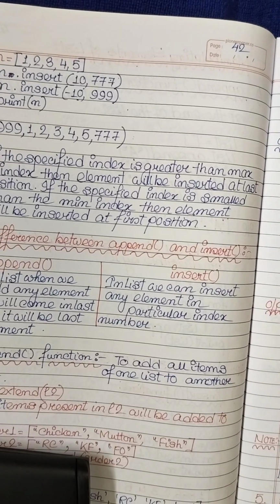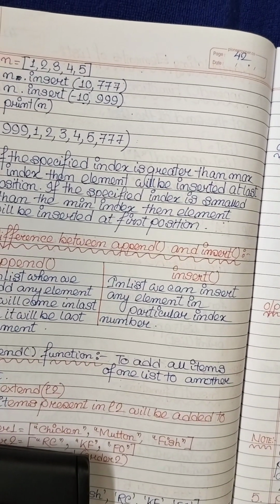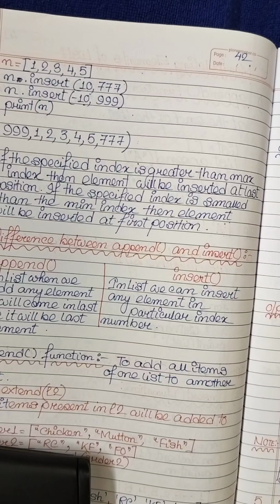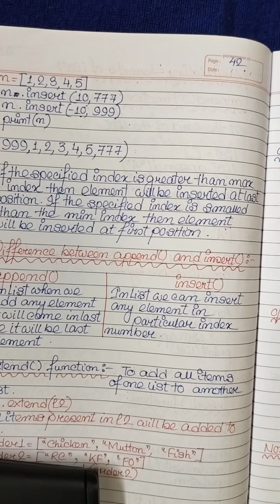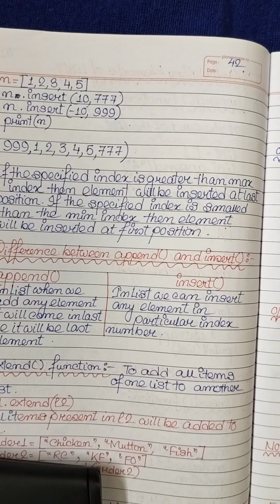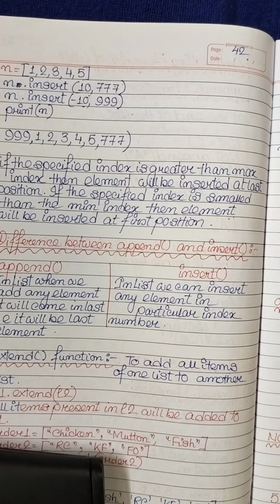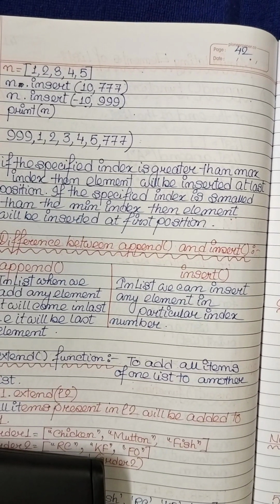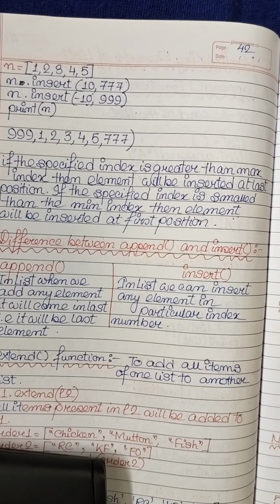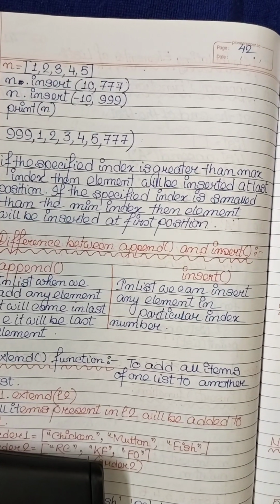Next our topic is the difference between append and insert. Append means in a list, when we add any element, it will come last, that is, it will be the last element.